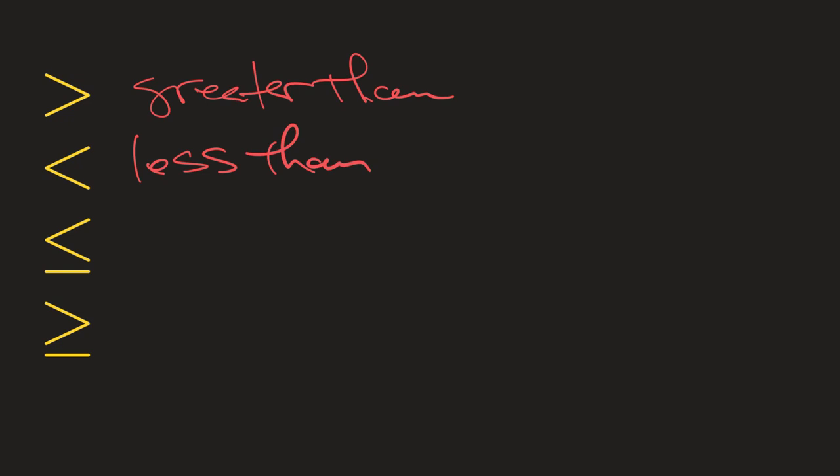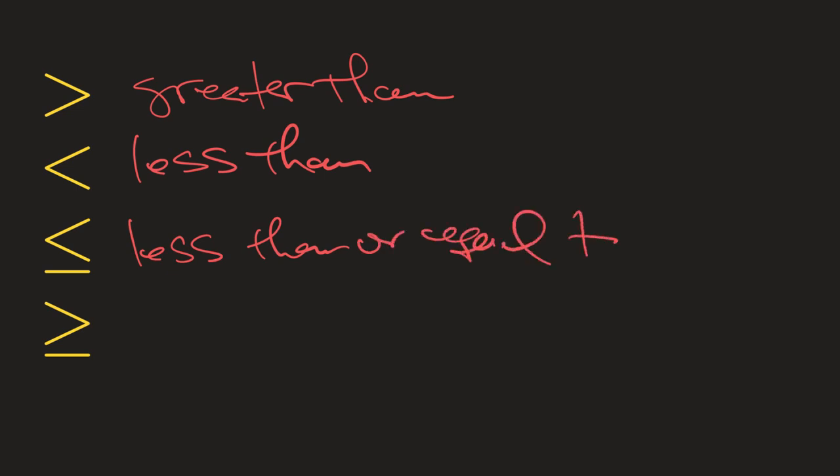What would be the next one? Less than or equal to. Okay, less than or equal to. If it has the little bar underneath it, which is kind of half of an equal sign, if you want to look at it that way, that is your "or equal to."